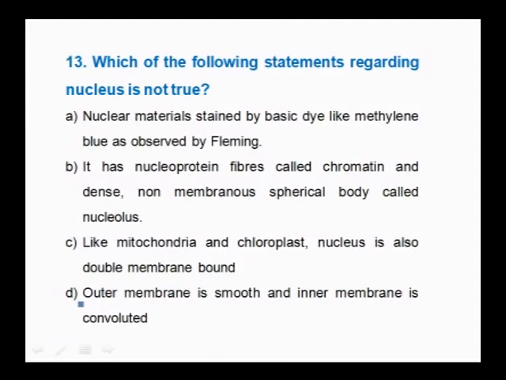And moving on to the 4th option, outer membrane is smooth and inner membrane is convoluted. Convoluted means folded, but it is only the property of mitochondria. So the statement which is not right is option D. In mitochondria, inner membrane is convoluted to form structures called cristae. So this property D is associated with mitochondria. So answer for 13th question is D.